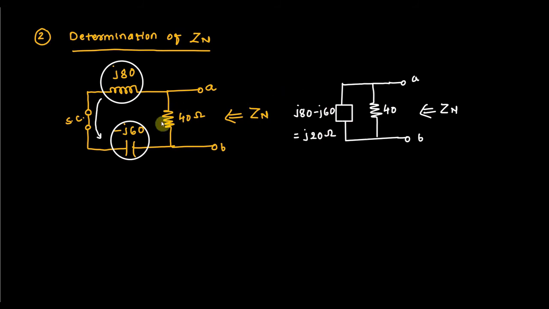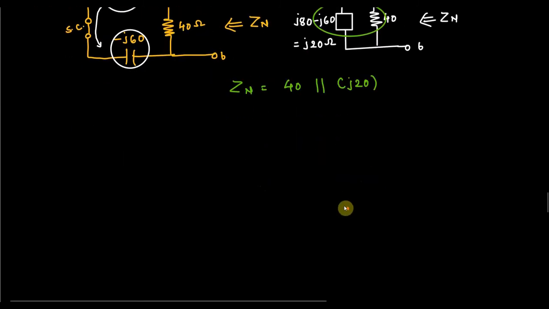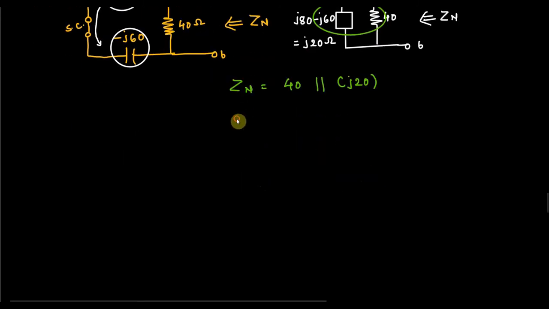So after reducing this diagram to this, now we can see that this impedance and this resistance are now connected in parallel. So what is your final answer? Your Zn is actually the parallel combination of 40 and this j20 ohm. So now just simply solve this parallel combination and you will get the value of Zn.